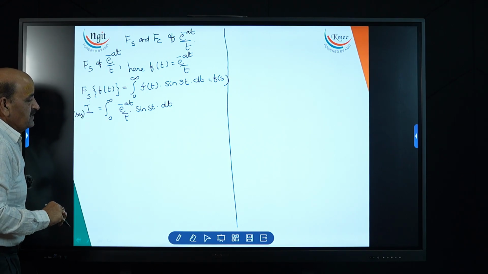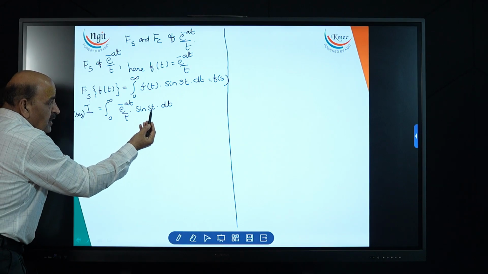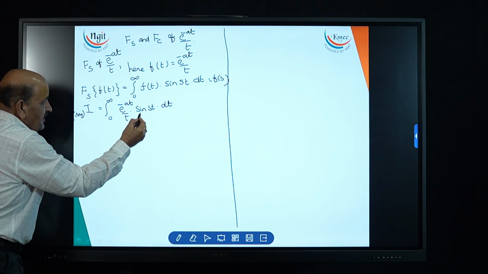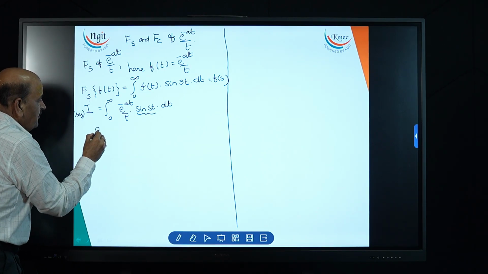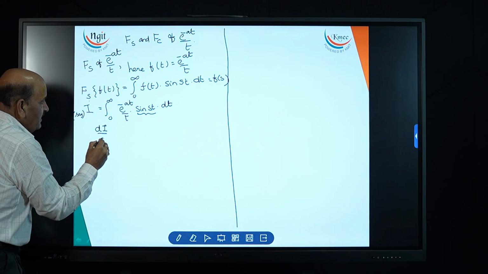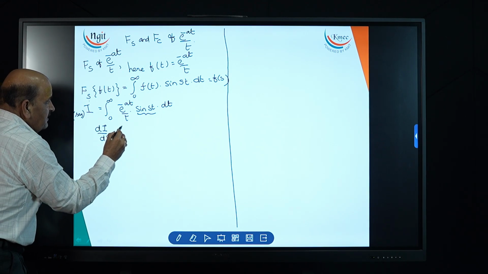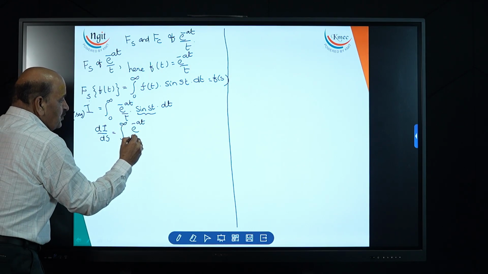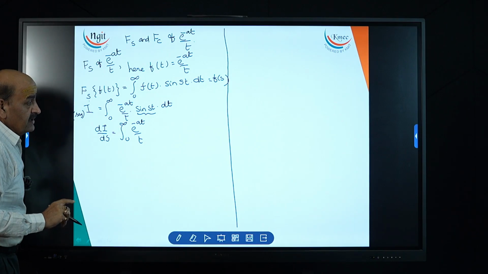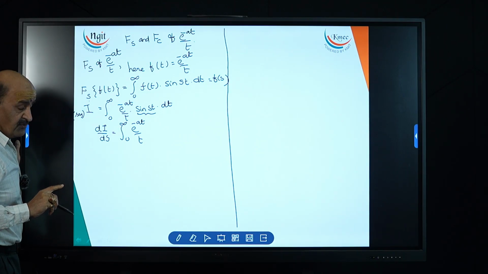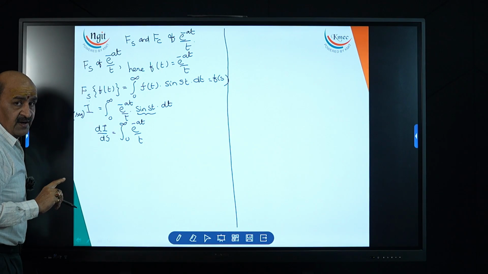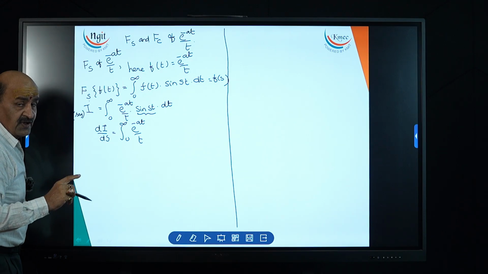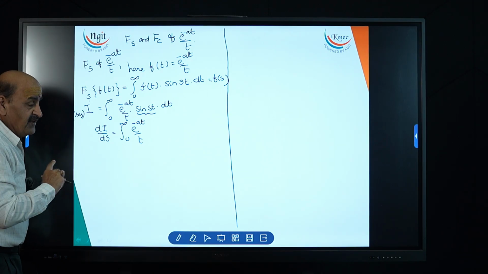Now to remove that t, we want a t to come out of this function sin st. Therefore you can make it dI by ds. Then this is equal to e power minus at by t. There is no change in the remaining signal. The remaining signal is integrating with respect to t only. Now we are differentiating with respect to s to get the t out of that sine signal.